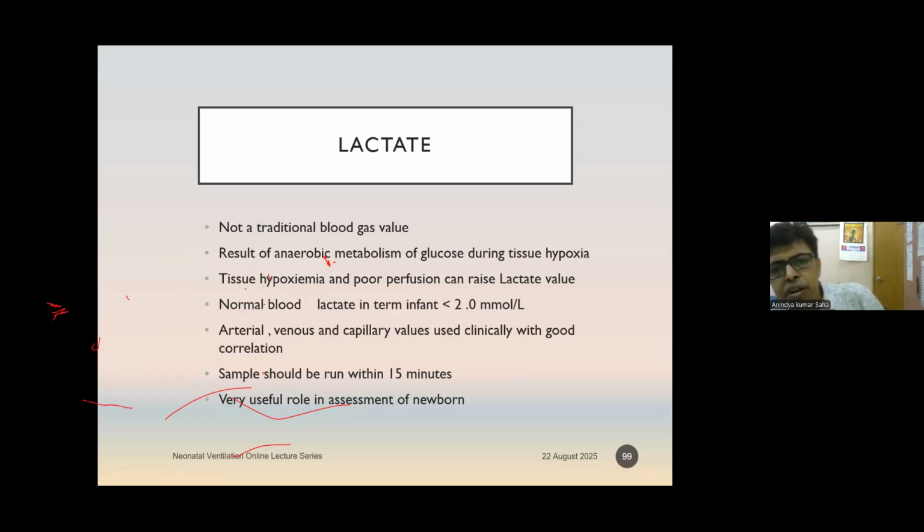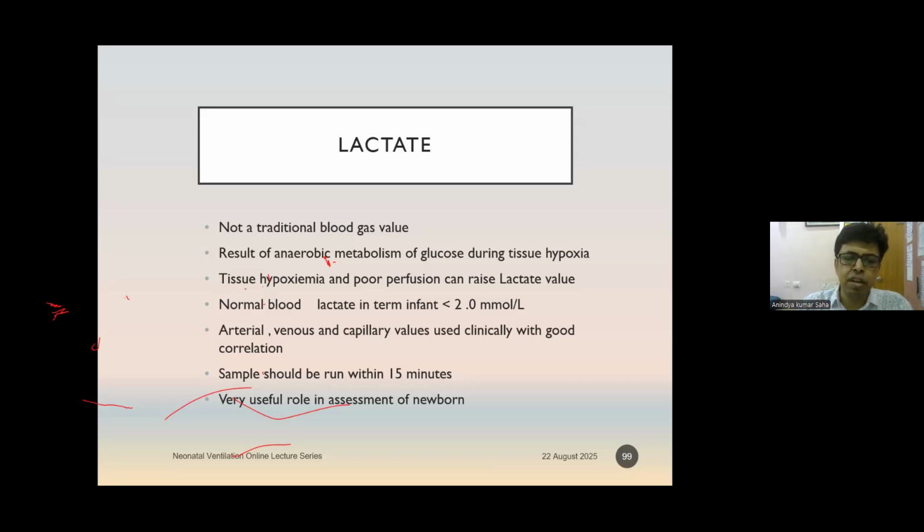Next is the value of lactate. Normally, it is not recognized as a traditional blood gas value, but it is very important because it signifies the result of ongoing anaerobic metabolism, which is happening due to tissue hypoxemia and poor perfusion. Normal lactate in term neonate is less than 2 millimole per liter, and we can have arterial, venous or capillary values with good correlation.